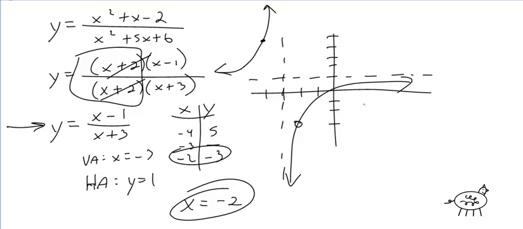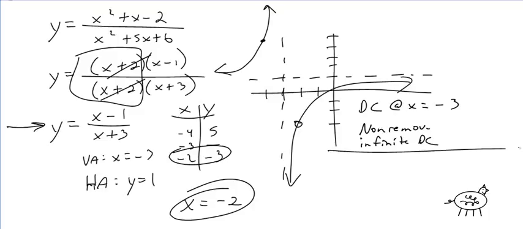So what you need to do is look at that asymptote, and you say, it's discontinuous at x equals negative 3, and of course it's an asymptote, so it's a non-removable, infinite discontinuity. Okay? So that's what you're going to put on the answer blank, and then below that, it's also discontinuous at x equals negative 2.